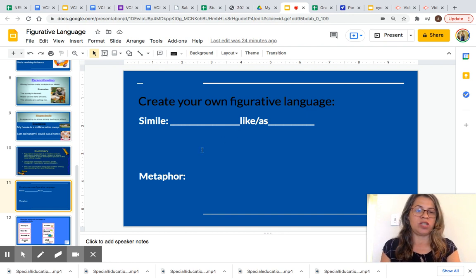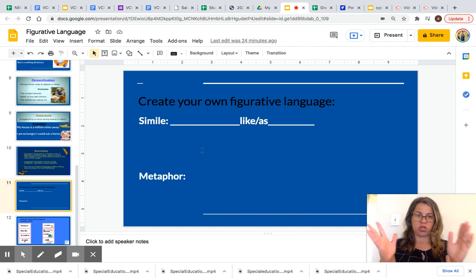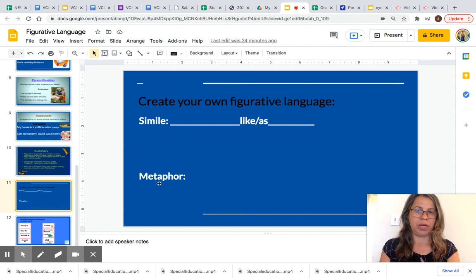Or you can just draw two things comparing them. Or you can create a metaphor. You can write down a metaphor, or you can also draw something that conveys a metaphor.